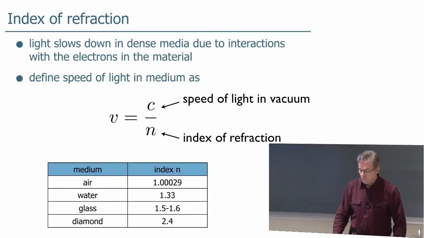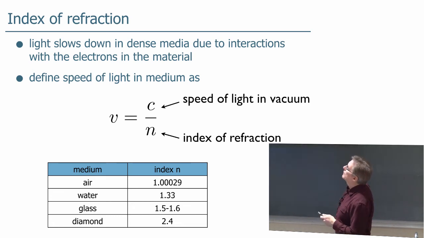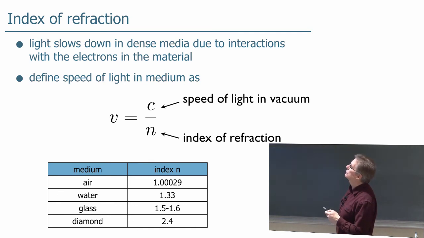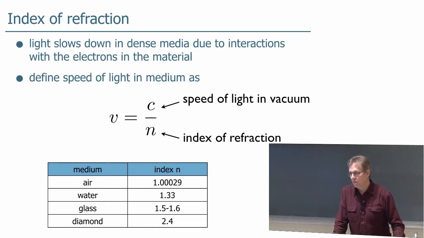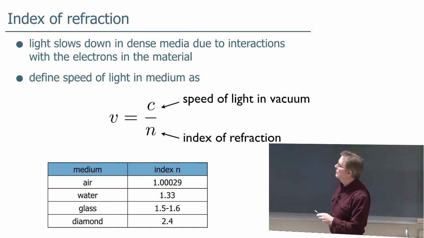Now, what's actually happening is very difficult to calculate in physics, but we encapsulate it all in what we call the index of refraction, such that the velocity of the set of waves inside the new material is the speed of light in a vacuum divided by n. And usually we reserve n for integers, but in this case, n is not an integer. It's a real number, 1 or greater.